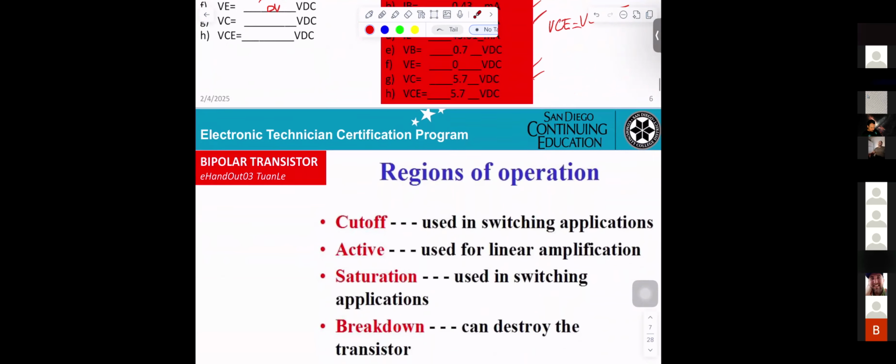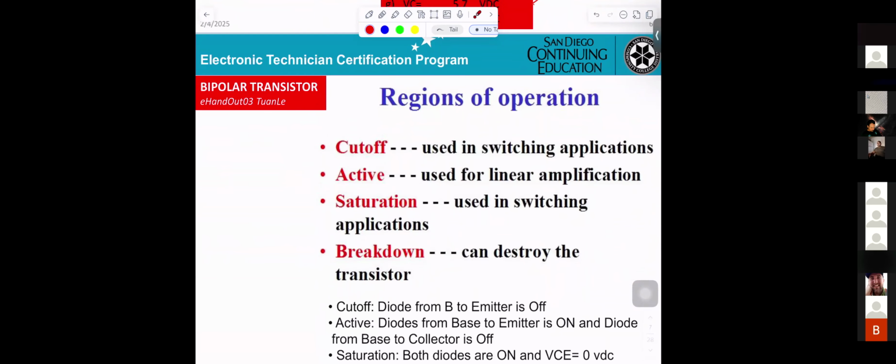Now, region of operation. Basically, the transistor can be used in the first one, the cutoff region. That is used in switching applications. That means turn it on or turn it off, so either they connect to high or they connect to low.